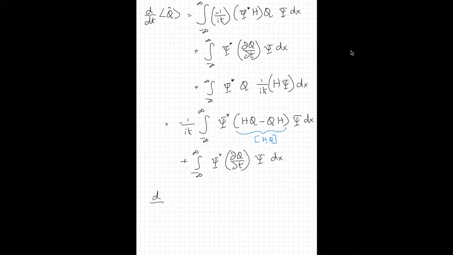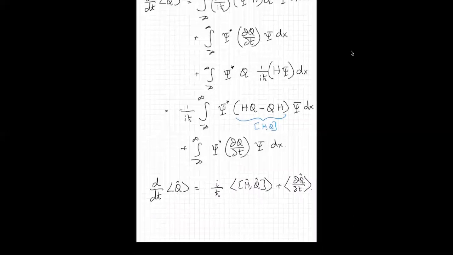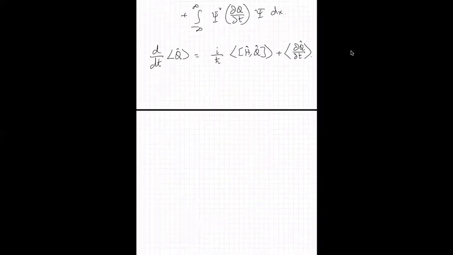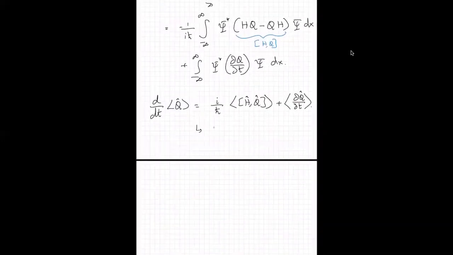So I can write this as d/dt of the expectation value of q equals i over h bar times the expectation value of the commutator of H and q, plus the expectation value of the explicit time derivative of q. If q doesn't depend on time explicitly, then the last term is 0, and I will only have the expectation value of the commutator of H and q. And this result is called the Ehrenfest theorem.